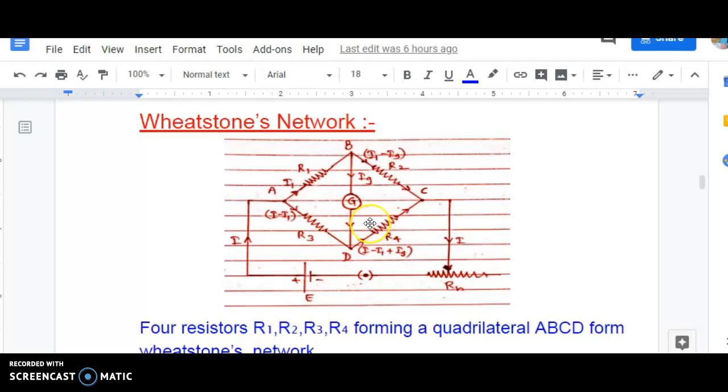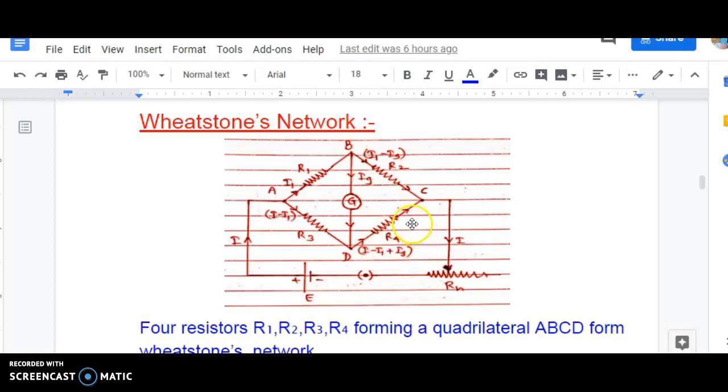They form a Wheatstone's network, and the bridge will be said to be balanced when the corresponding resistors are having equal ratio, that is R1 upon R2 is equal to R3 upon R4, or R1 upon R3 is equal to R2 upon R4.